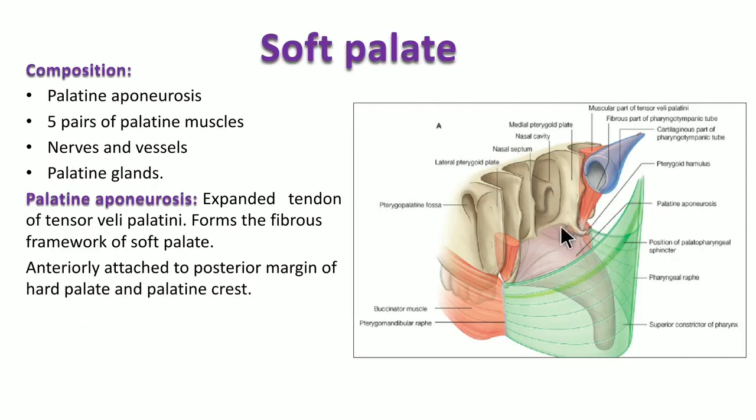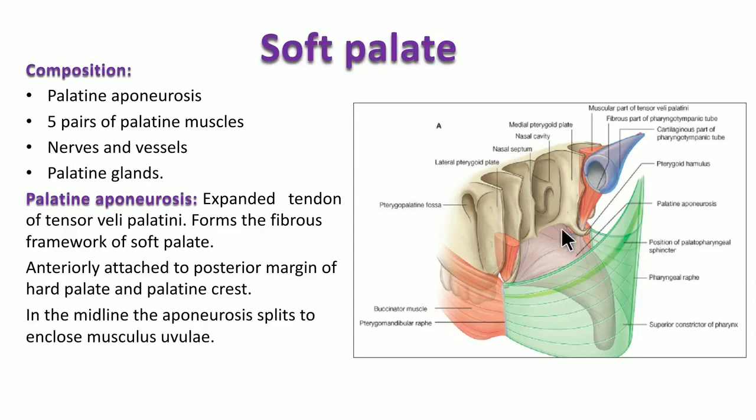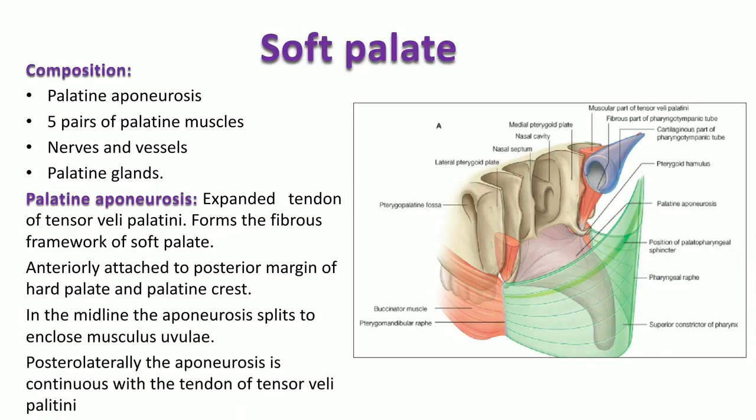So anteriorly it attaches to the posterior margin and the palatine crest, and in the midline it splits to enclose the musculus uvulae. Okay, so if you trace it laterally, it is continuous with the tendon of the Tensor Veli Palatini muscle.